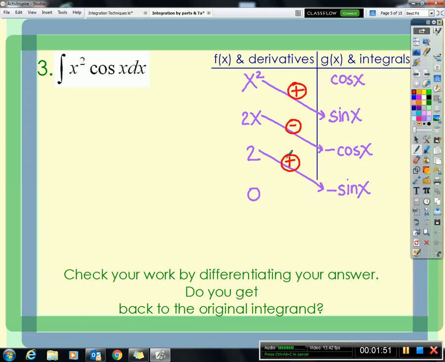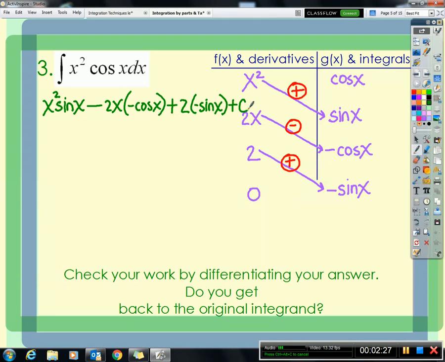So all I have to do at this point is say, okay, well, I can tell you what the answer is to my integral. I'm going to say it is x squared times sine x minus, because I've gone from plus to minus, 2x times a negative cosine x, and then plus 2 times a negative sine x plus c.